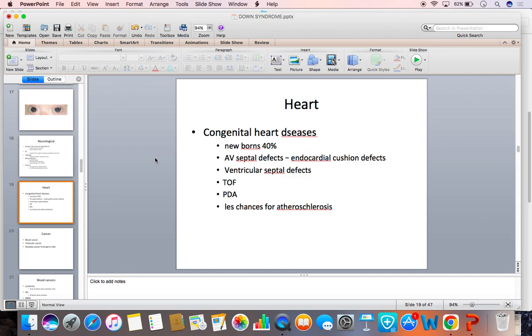Children born with the lethal cardiac anomalies perish in the early neonatal period. And children with either patent ductus arteriosus or isolated ventricular septal defect survive for a longer time with early cardiac surgery.